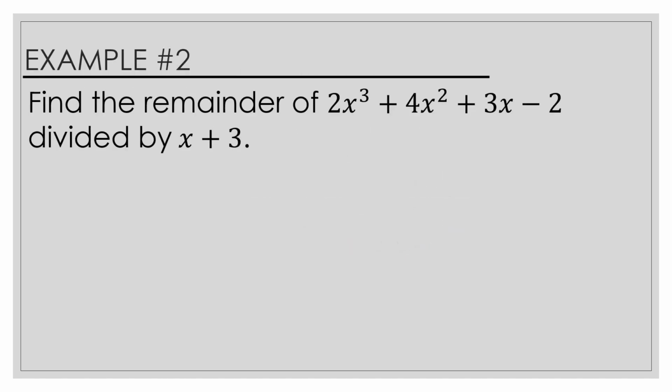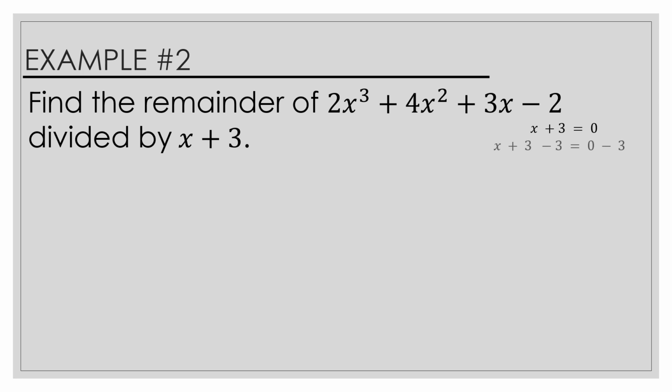Now let's try it with more examples. Find the remainder of 2x cubed plus 4x squared plus 3x minus 2 divided by x plus 3. Again, determine the value of x to be substituted in the polynomial by equating the divisor to 0. Then, subtracting 3 on both sides will help us determine the value of x.